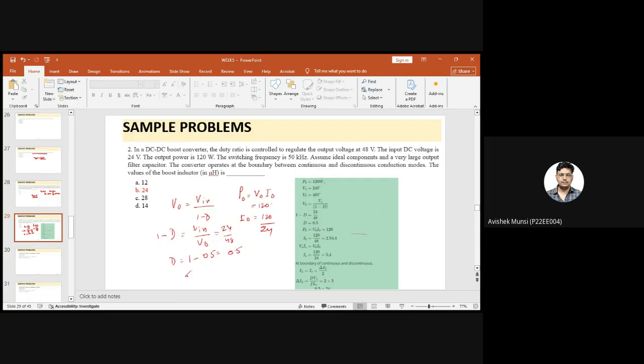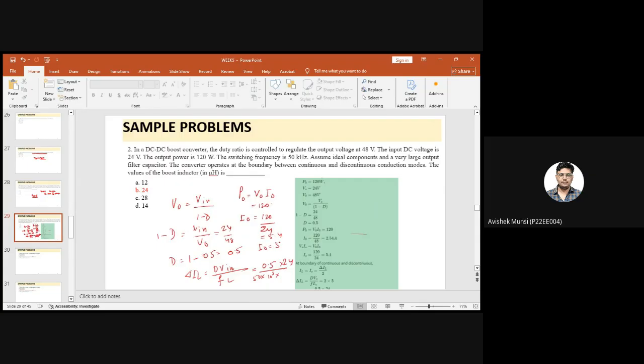Now we know that delta IL in the case of a boost is Vin D by fL. So all the values are given: 0.5 into 50 into 10 to the power 3 into L. So delta IL is I0, if you get this here 5.4.